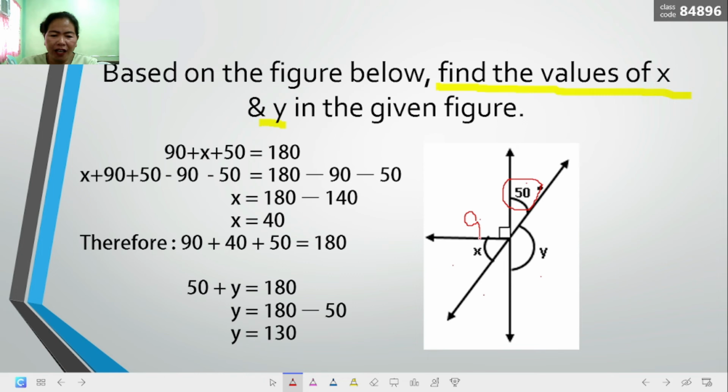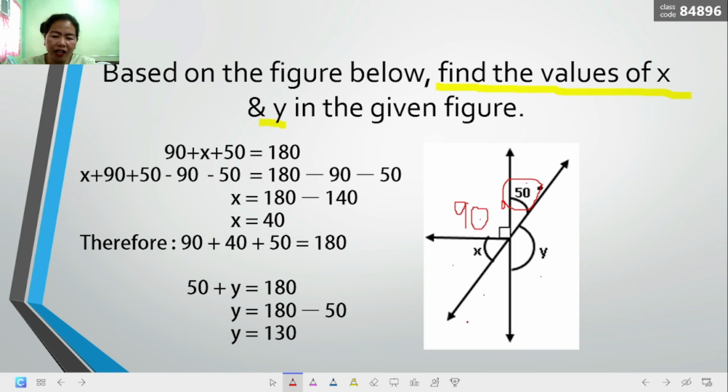Let us try to solve for the value of X, because that is what is being asked in the problem. Our task is to find the value of X and the values of angle Y. If you look at the illustration, this angle labeled with a right angle symbol measures 90 degrees. And the next angle is angle X, which is unknown.